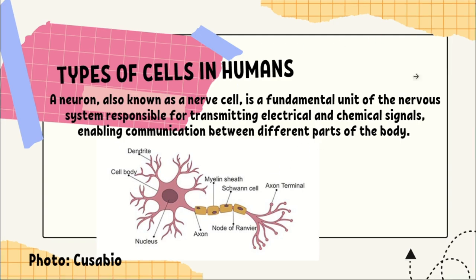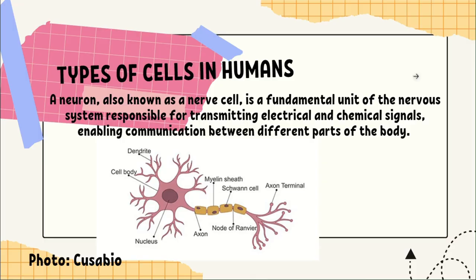If we're just going to give a brief overview, the dendrites receive incoming signals from other neurons, right? And then it goes in. You have the cell body, where all the cell organelles are going to be, like mitochondria and all those.